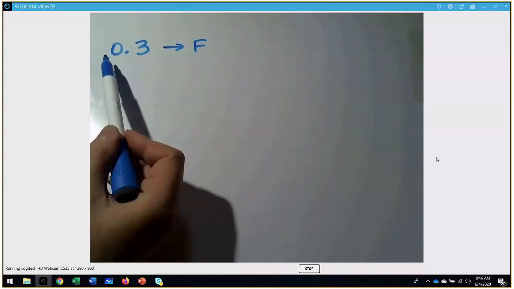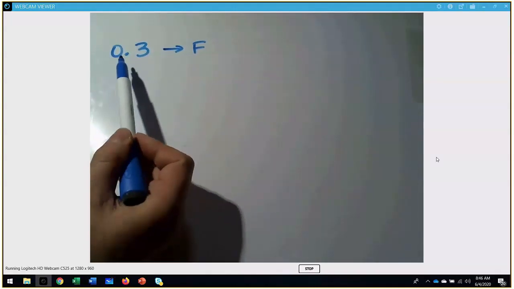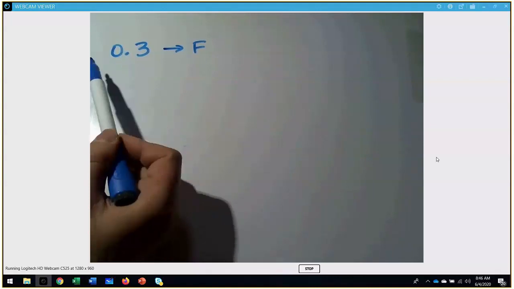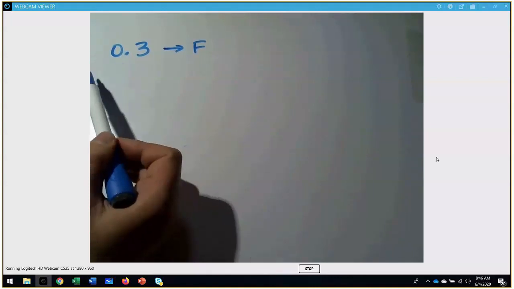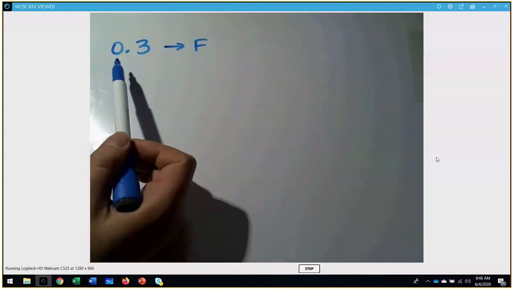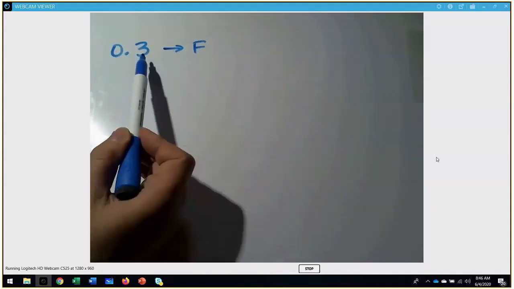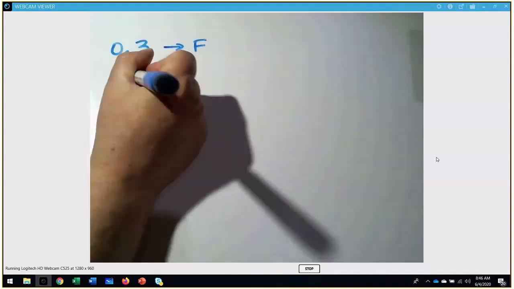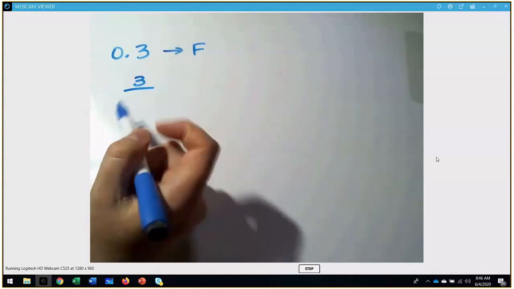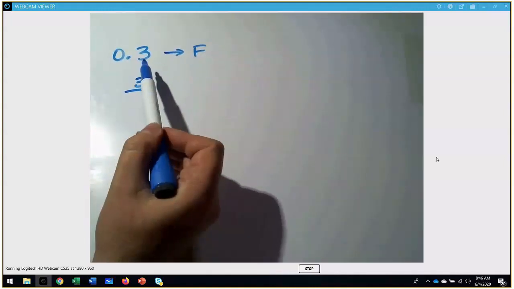So repeating what I said before, anything to the left of your decimal are the whole numbers. You don't have anything, so you don't have any whole numbers for this. Digits to the right, in this case the 3, will go in the numerator of your fraction. And then the place value of whatever the last digit is tells you what your denominator is.